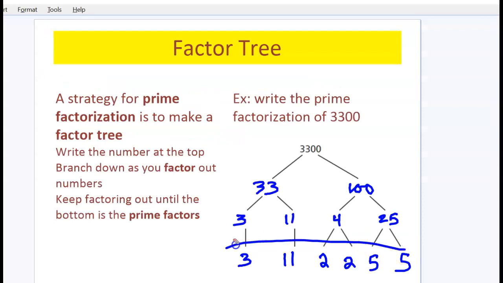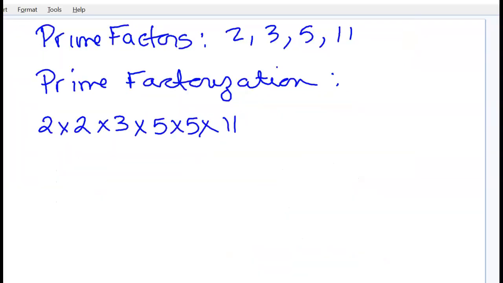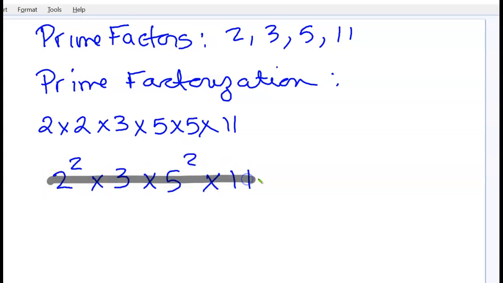Basically the product of all of these numbers down here. Now we could also write this as 2 squared times 3 times 5 squared times 11, and that also would be considered the prime factorization. So these two things would be considered the same.